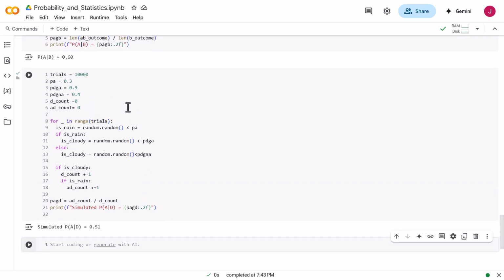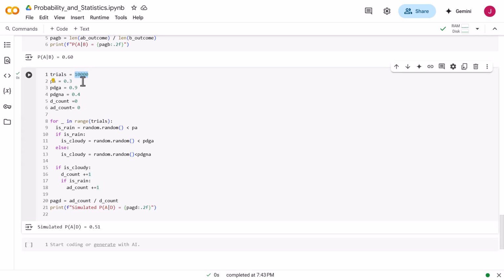Okay, let me explain again what happened here. First of all, we want to go for this random selection 10,000 times. Then we want to estimate the probability of A given D, meaning the probability of rain given clouds.